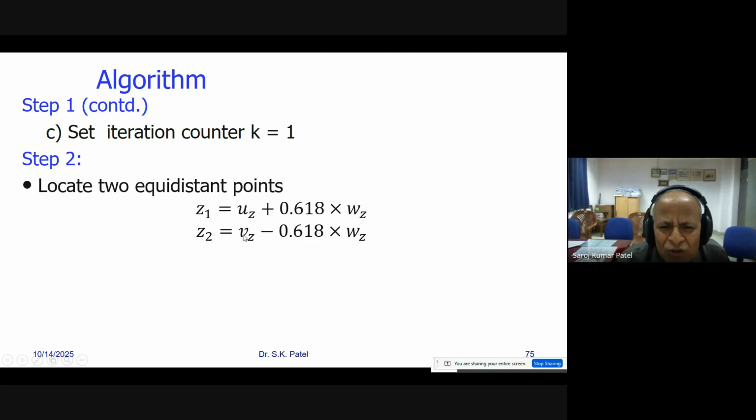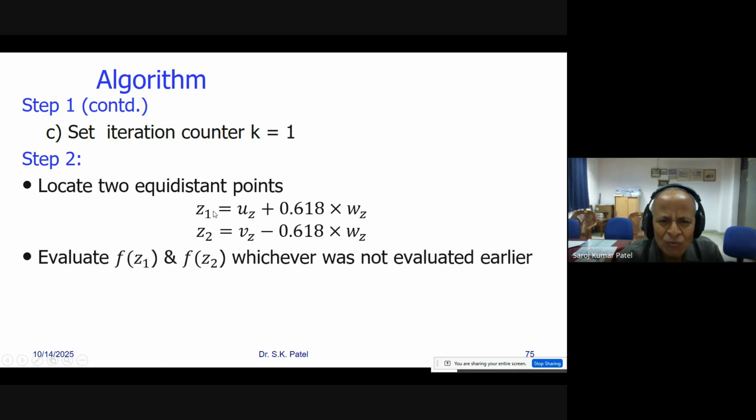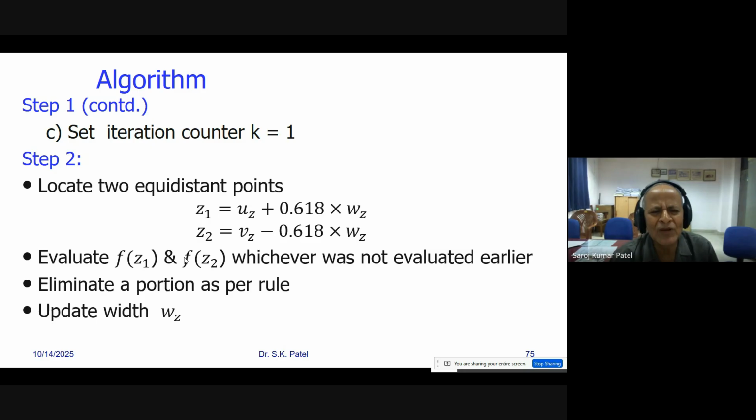And Z2 will be from the upper bound, we go backward, so minus the same width, 0.618 into wz. At these two points, Z1 and Z2, we find the value of the objective function, f(Z1) and f(Z2). We compare them. One will be lower, another will be higher. Then we apply the region elimination principle and eliminate a portion of the region, and we proceed further.